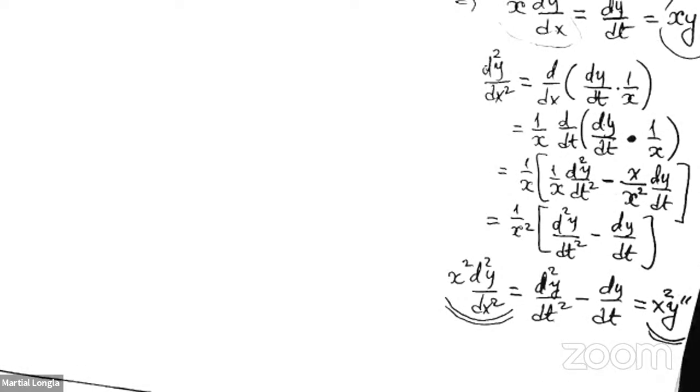That's the same as what you see as x squared y double prime. So the x squared y double prime in the equation is nothing but the second derivative with respect to t minus the first derivative with respect to t.